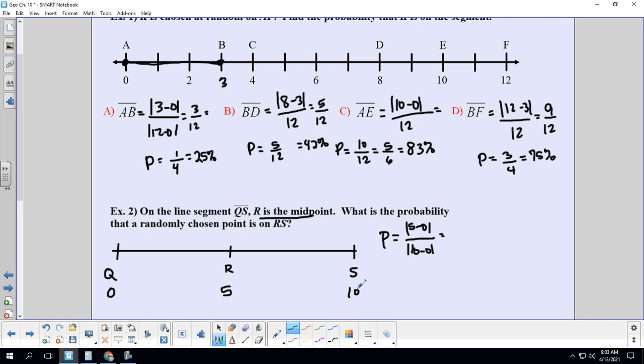It would work if this were 2. It would still give us the same probability of 1/2 or 50%. Okay, so anytime in math, when you get stuck without numbers and you're like, I don't know which direction to go, pick numbers that fit the scenario and push the math through.